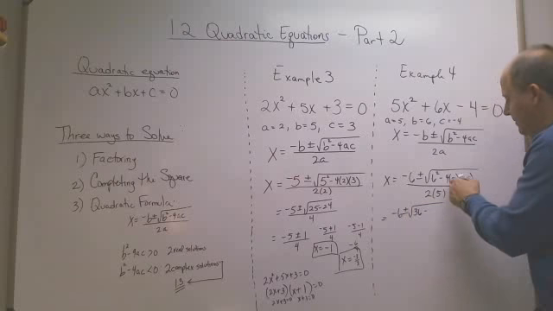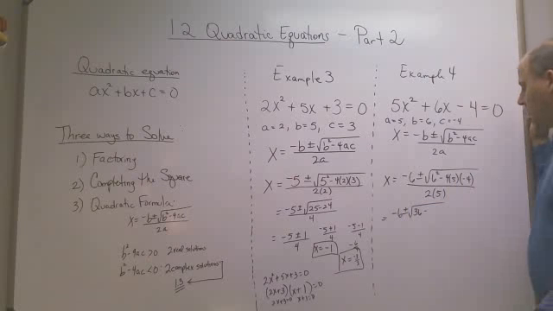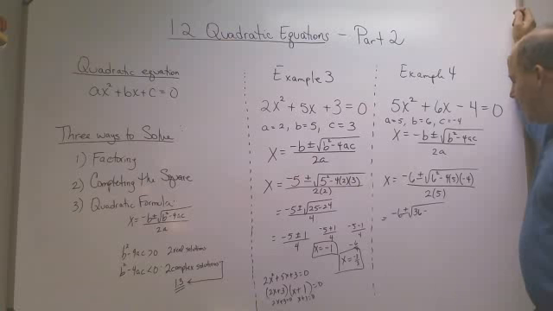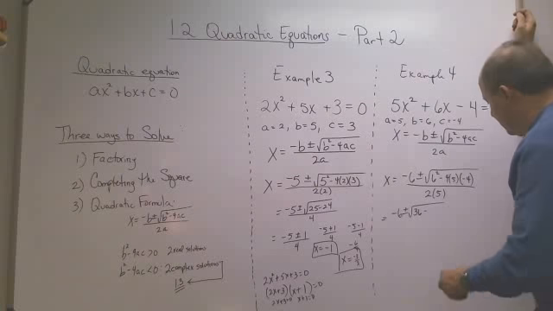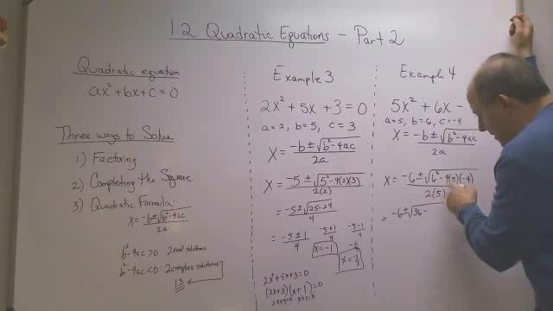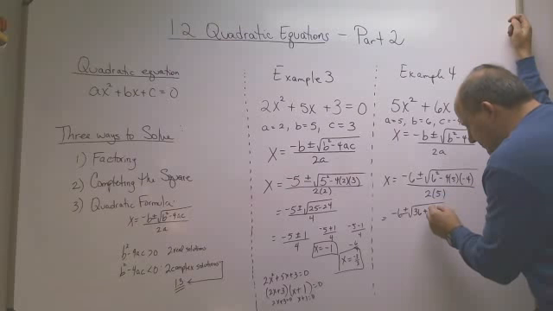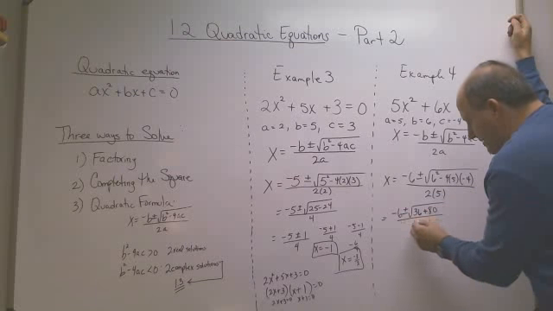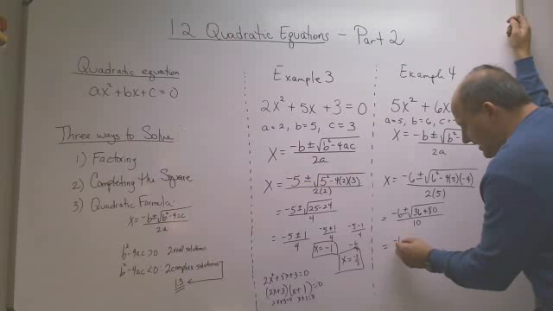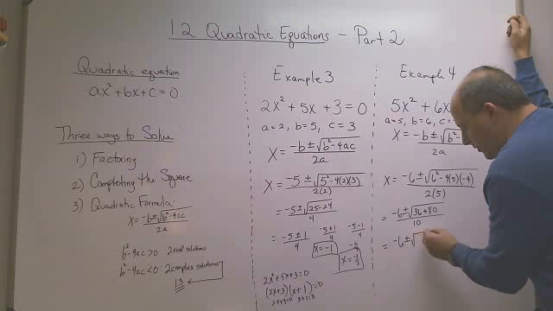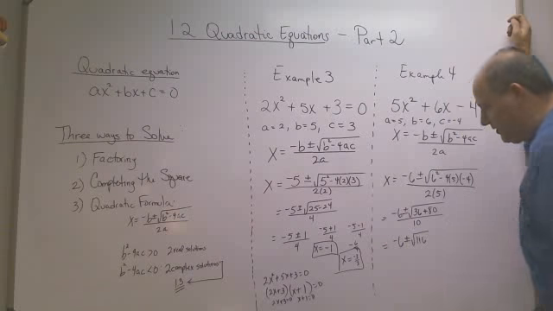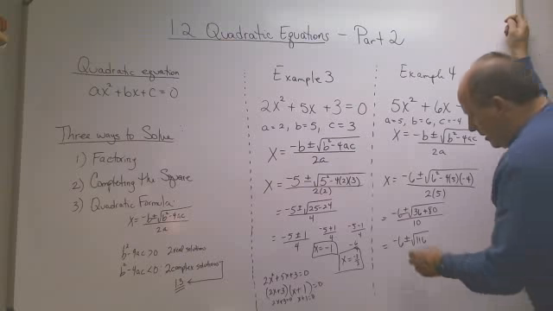And then negative 4 times 5 times negative 4 is 80. Because two negatives make a positive, it's going to be a plus 80. And then 2 times 5 on the bottom is 10. So it's negative 6 plus or minus the square root of 116, 36 plus 80, all over 10.